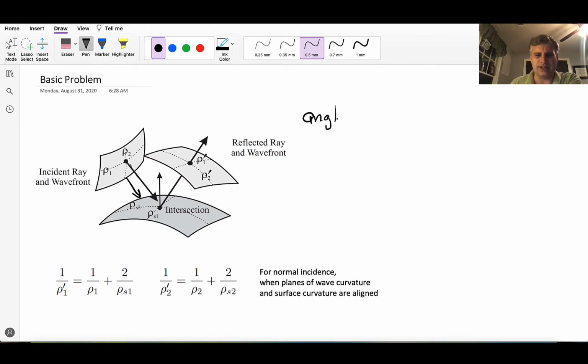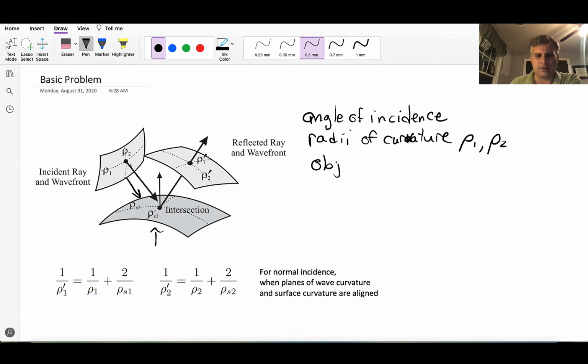We've got angle of incidence, we've got the original curvatures striking the curved object, and of course it depends on how curved the object is, so let's call that object curvature.